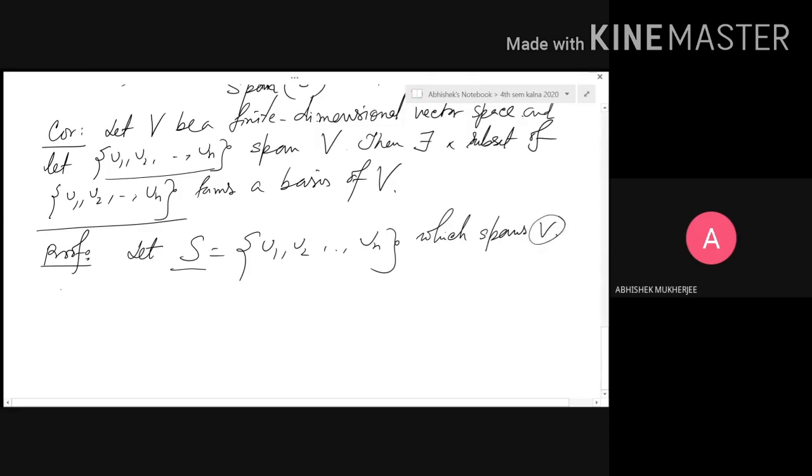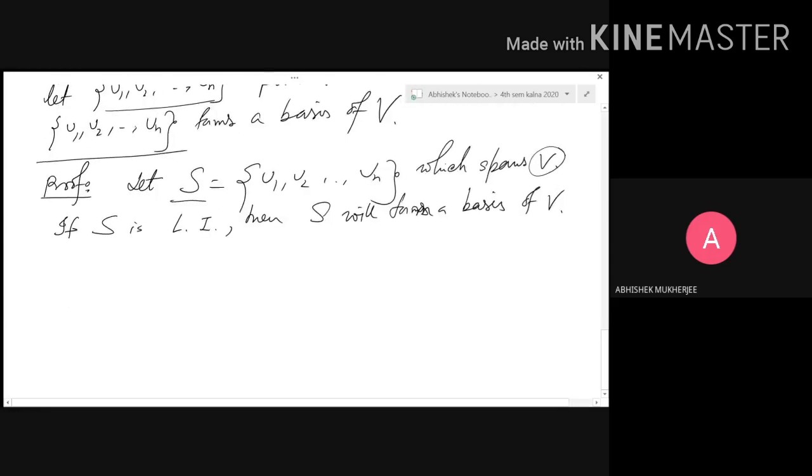So the first case is: if S is linearly independent, then S will form a basis of V. So we don't need to go further.